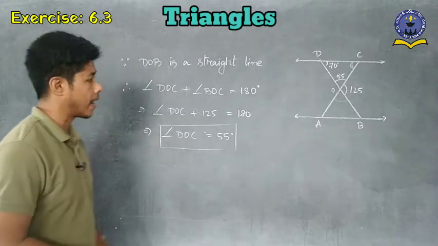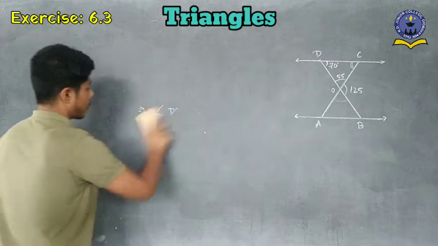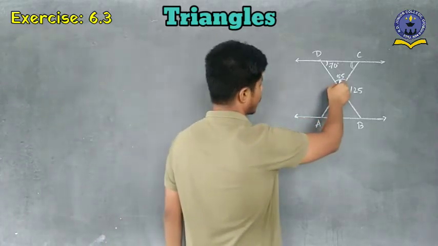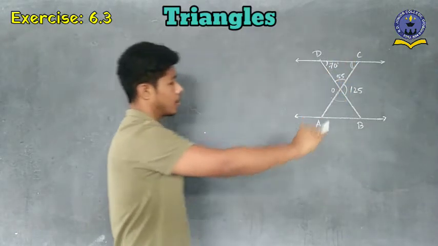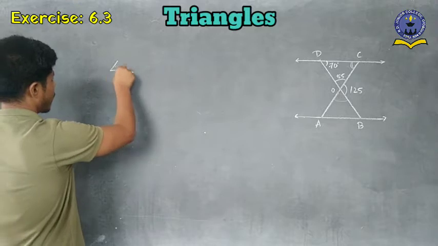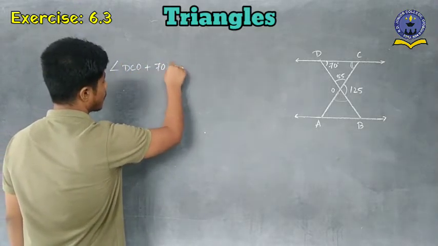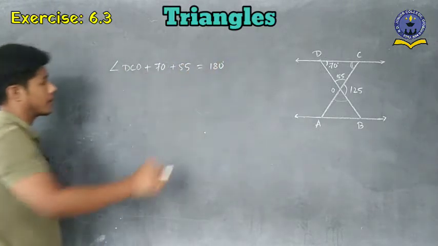If we apply the angle sum property here, what do we write? The sum of these three angles is 180. So I directly write 55 plus 70 plus DCO. So angle DCO plus 70 plus 55 equals 180 degrees.